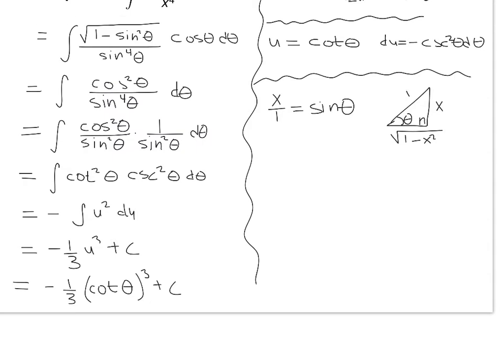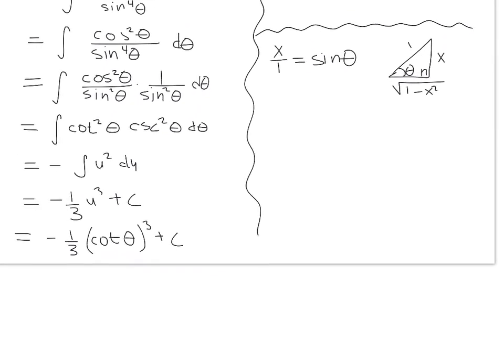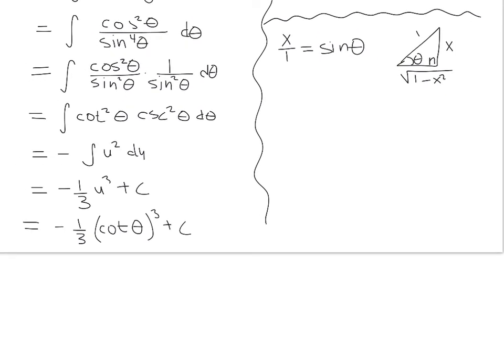So tangent is opposite over adjacent. Cotangent will be adjacent over opposite. So we have negative 1/3, adjacent being root 1 minus x squared, opposite being x, that whole quantity cubed, plus c.